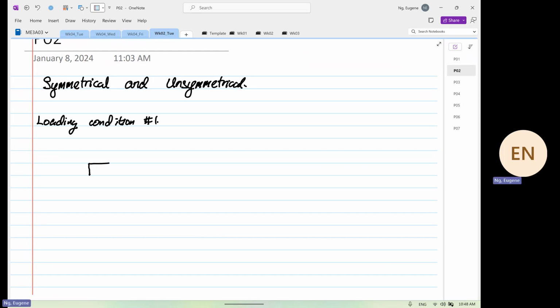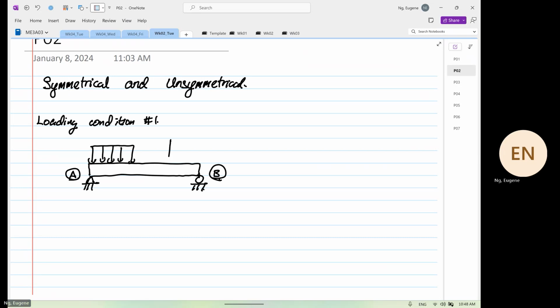Loading condition number 1 looks like this. A simply supported structure, evenly distributed load, a point load. This is our point C, our point D, and there's a point P over here.